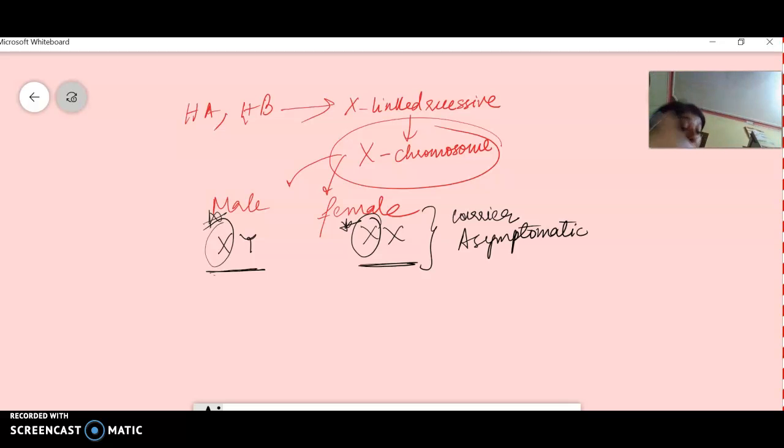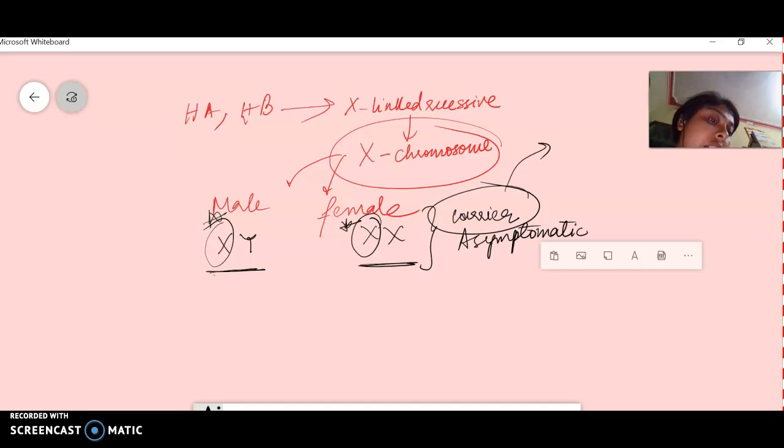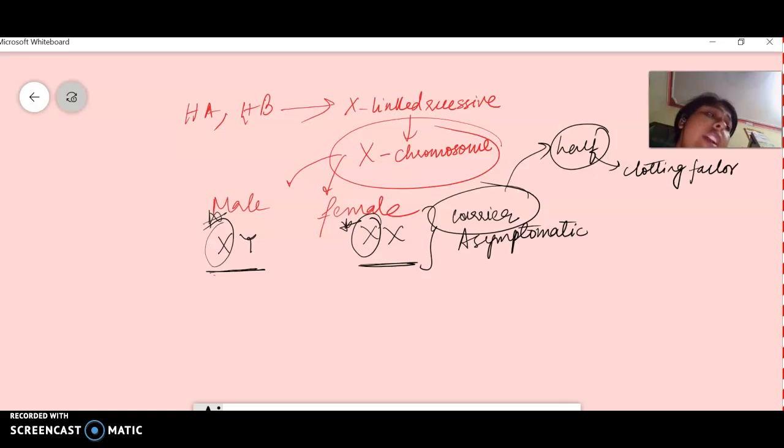So now the question is about the carrier female. Do they show any type of phenotype? Now you know that most females usually have half the usual amount of clotting factor. That means they have reduced clotting factor, but that is enough for clotting.